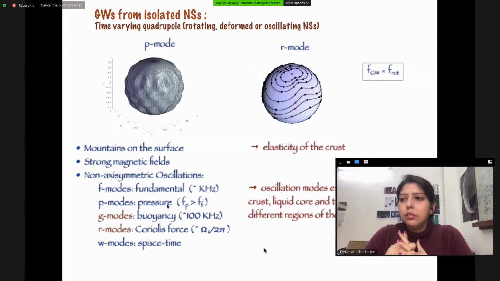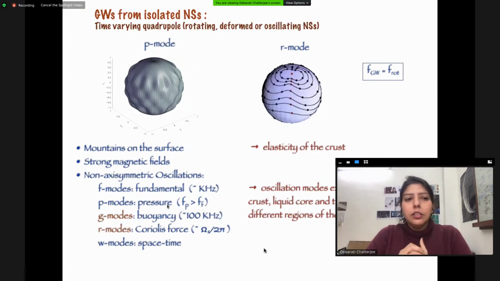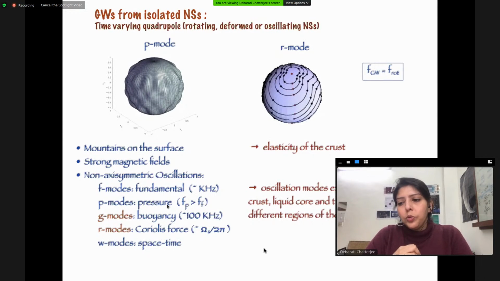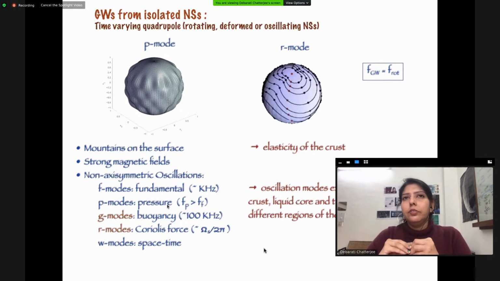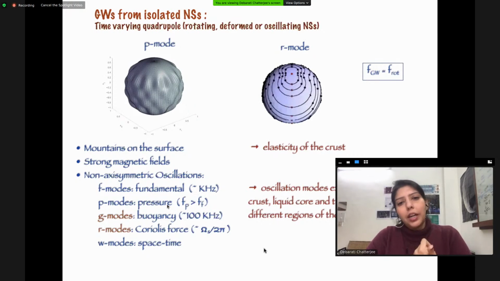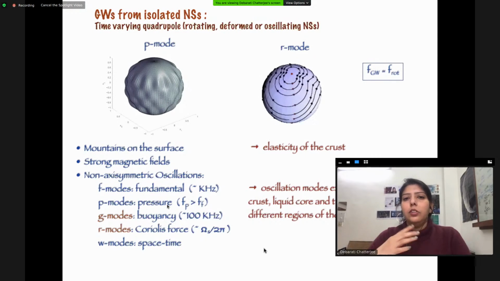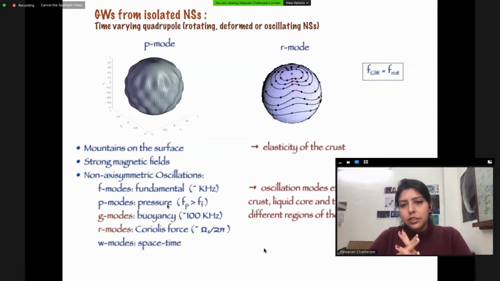You can even think of the Earth-Moon system, right? In the Earth-Moon system, when you have binary interactions, you see different things. You can see tidal effects, you can see eclipses. So when you have these eclipsing features or tidal features, then you know that there is something else that is affecting the neutron star.